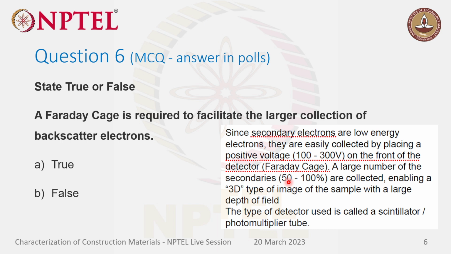In most cases the collecting element will be at positive voltage, because electrons are negatively charged, so we need positive voltage to collect the secondary electrons arising from the interaction. So the correct answer is false. Now let's move to the next question.